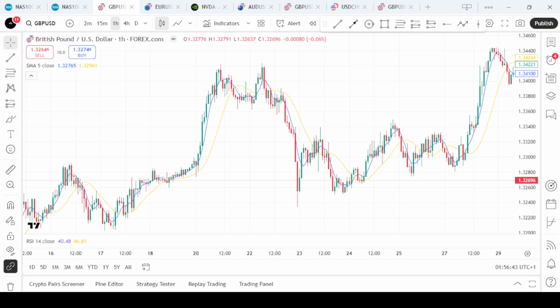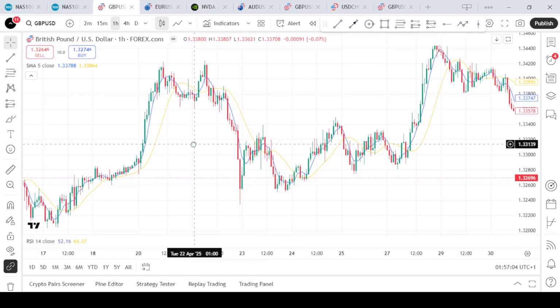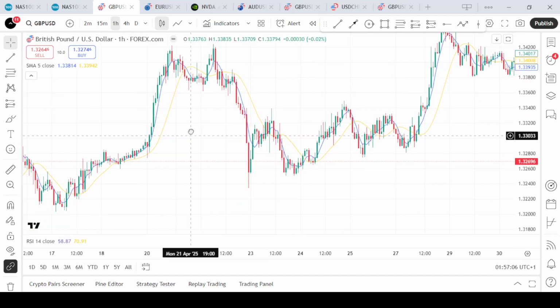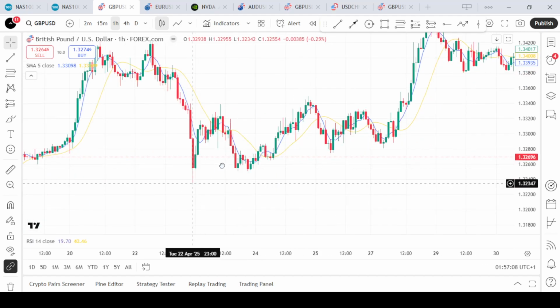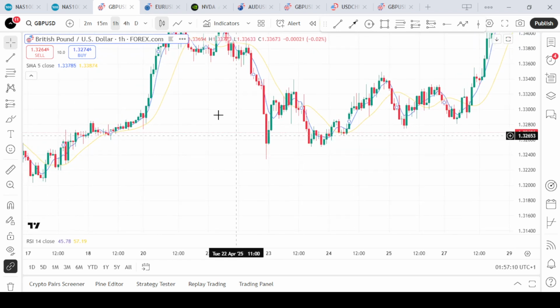And in today's video, we are going to be talking about one of the most straightforward yet powerful tools in your trading arsenal, the simple moving average. Now, this versatile indicator has been a cornerstone of trading strategies for decades, helping traders identify trends, spot potential entry points, and manage risks effectively.